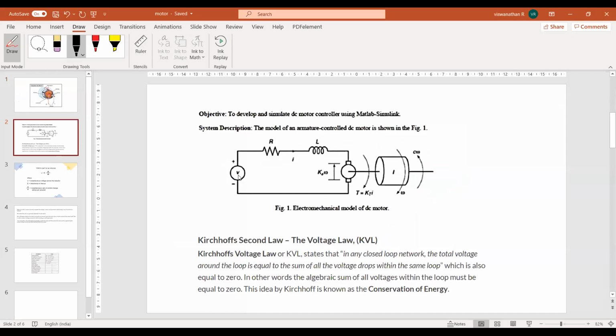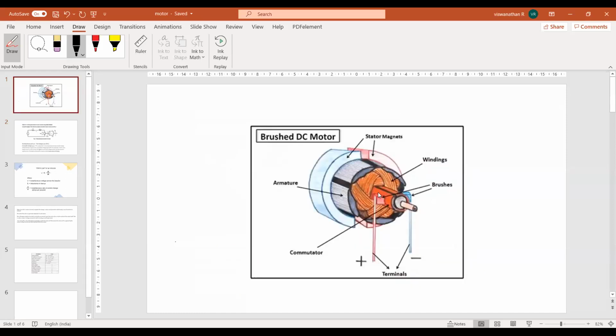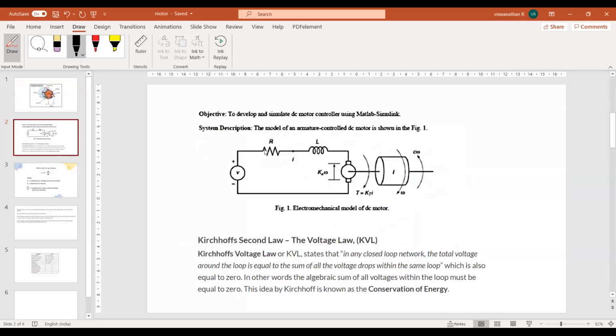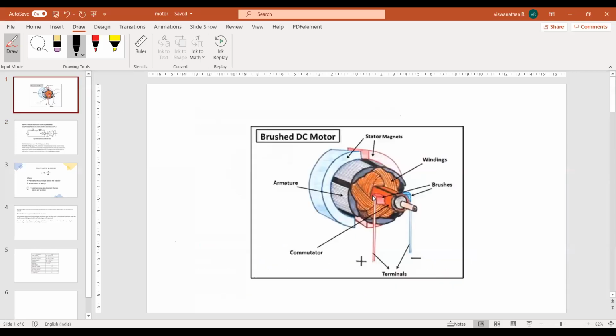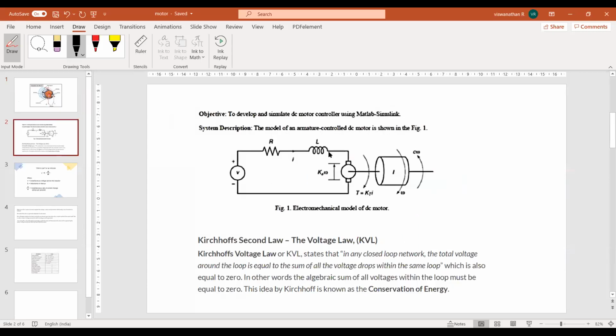This is a voltage supply here. And these coils, you see a lot of coils over here. The resistance of that is modeled here as R. And then the inductance. Inductance means you have a metal core and you have the winding on it. Because of that there is inductance.